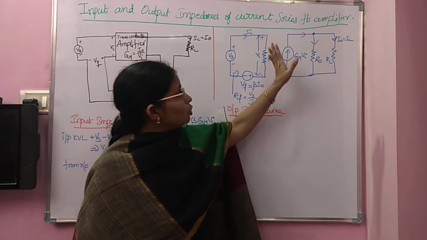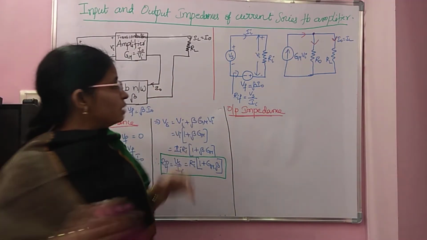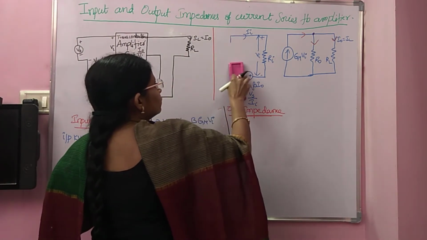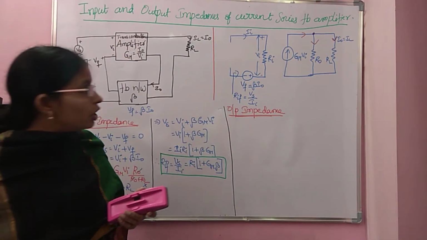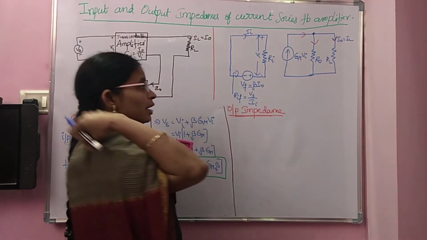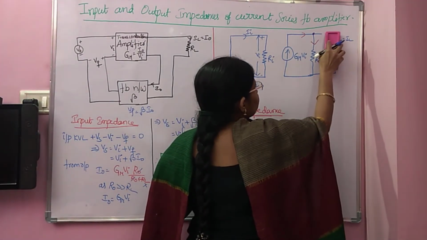To find the output impedance, what you have to do? You have to short this Vs as the input is Vs. So simply short it. Then you have to open this RL, disconnect the RL.